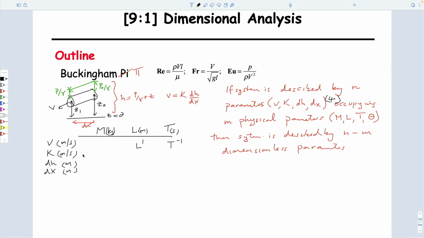Hydraulic conductivity, just in case you don't remember, is equivalent to the coefficient of permeability. It's units of length to the power 1, time to the minus 1. And obviously these are length to the power 1 and length to the power 1. And no time, and for all of them, no mass.